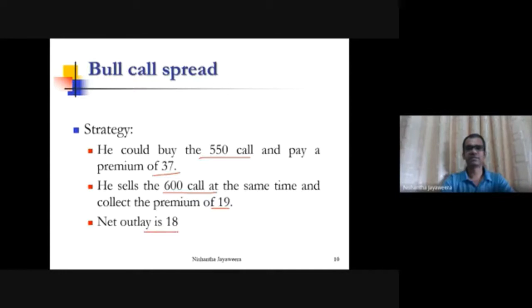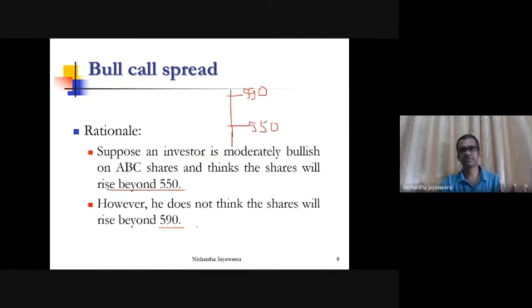So what is the net payment? Is only 18. The investor reduces his cost because he knows the maximum gain that he can get is somewhere between 550 to 600, because the investor is of the view that price will not go beyond 590.